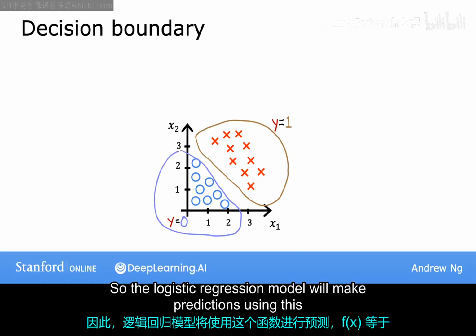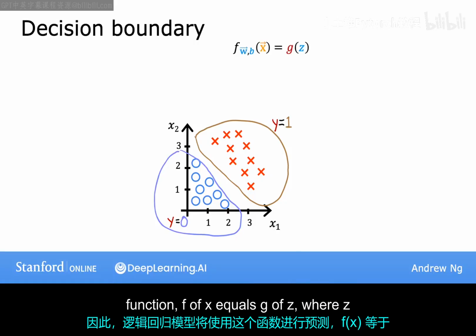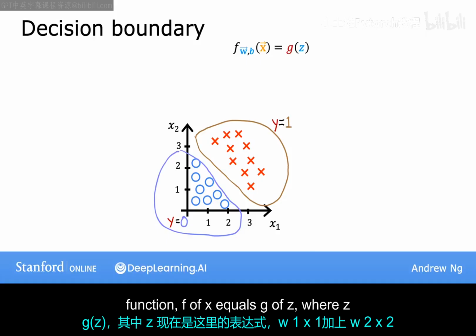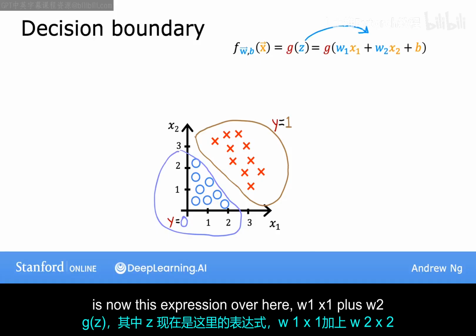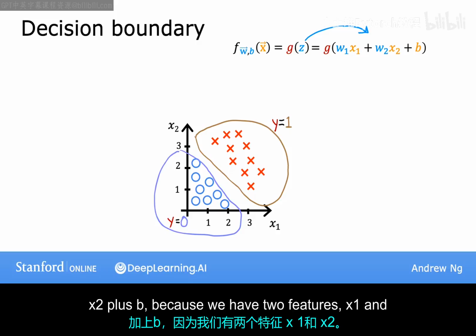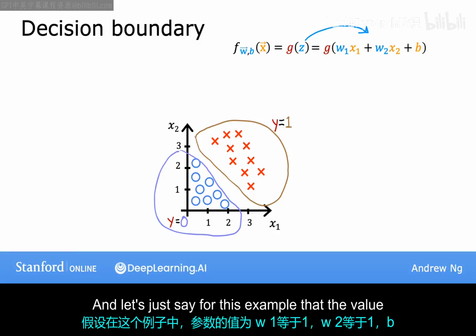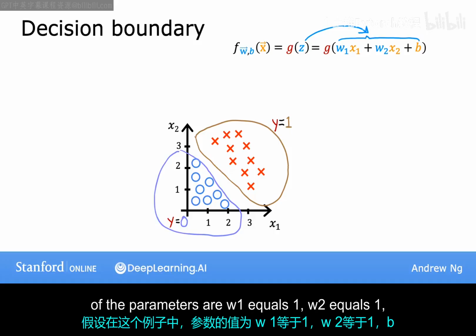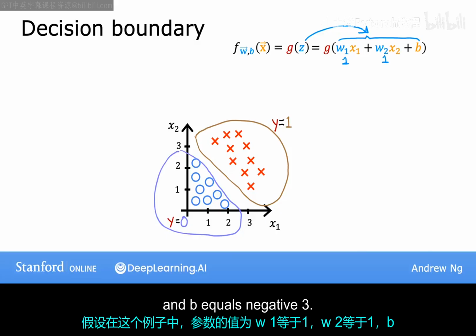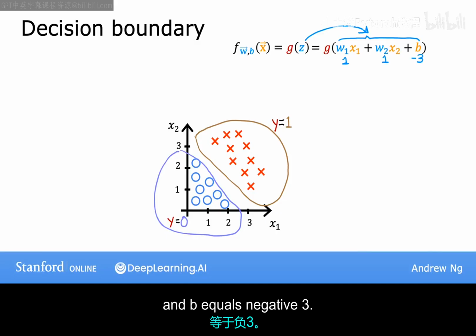So the logistic regression model will make predictions using this function, f of x equals g of z, where z is now this expression over here, w1x1 plus w2x2 plus b, because we have two features x1 and x2. And let's just say, for this example, that the value of the parameters are w1 equals 1, w2 equals 1, and b equals negative 3.